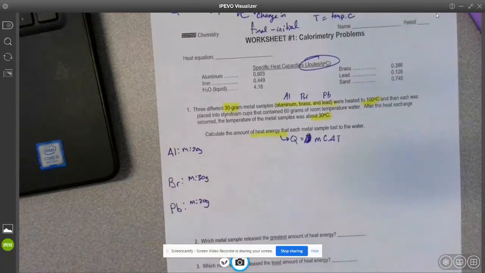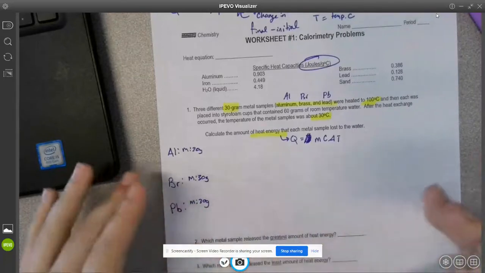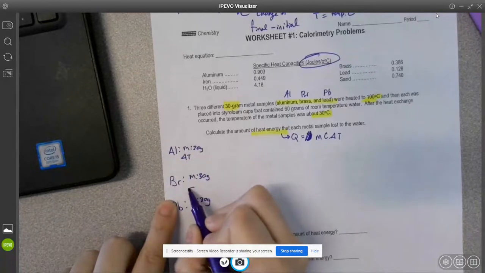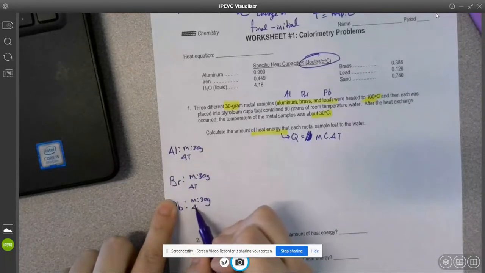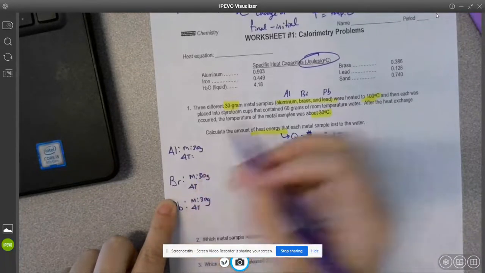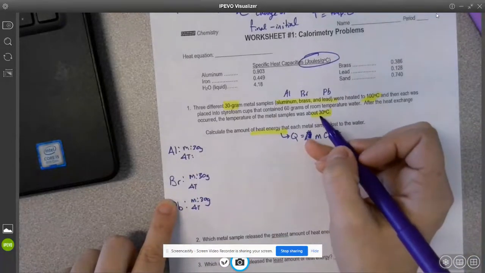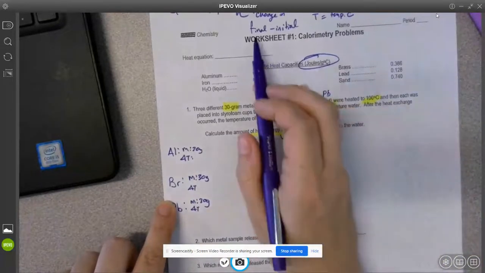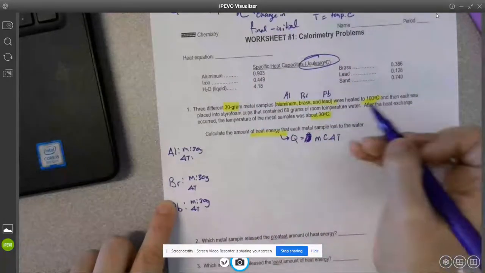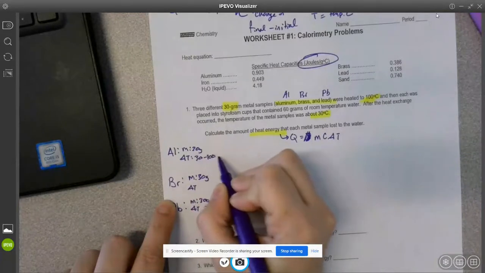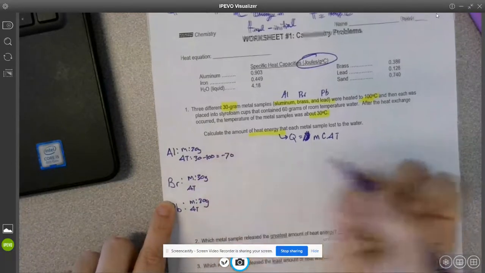Next up, we have the same temperature change for all of these. So our delta T. We started with 100 degrees and we ended with 30. So again, this is final minus initial. So 30 minus 100. And that should be negative 70.